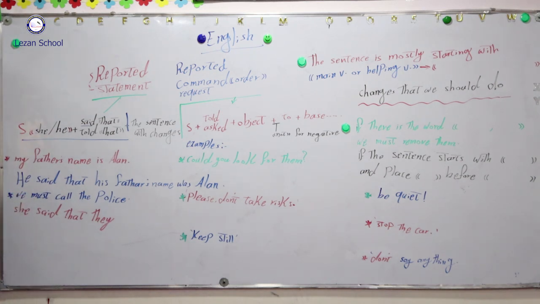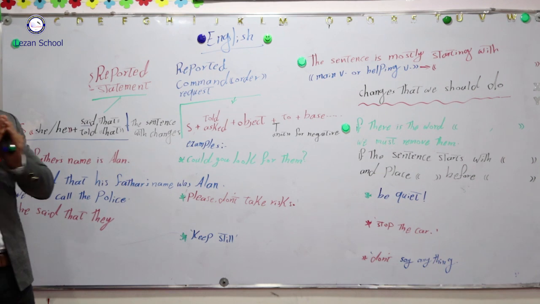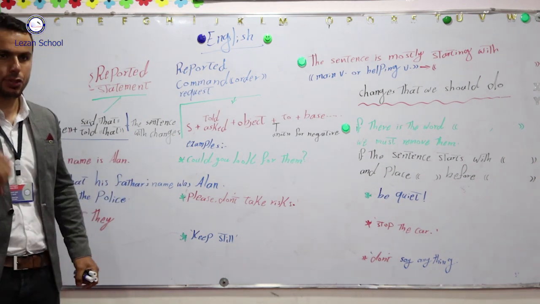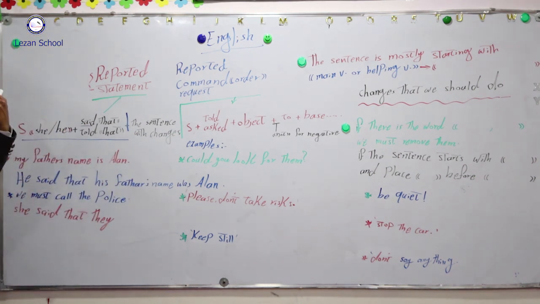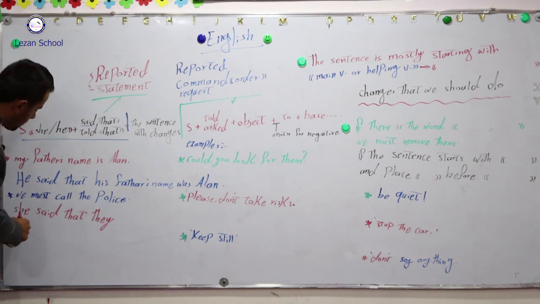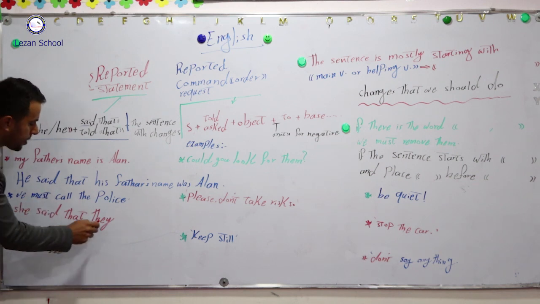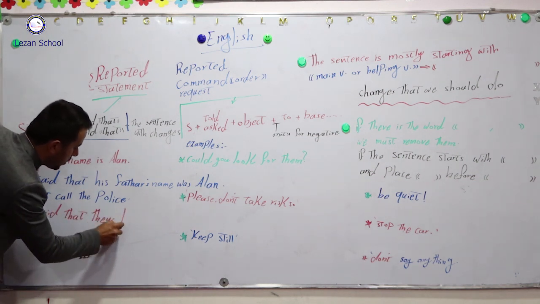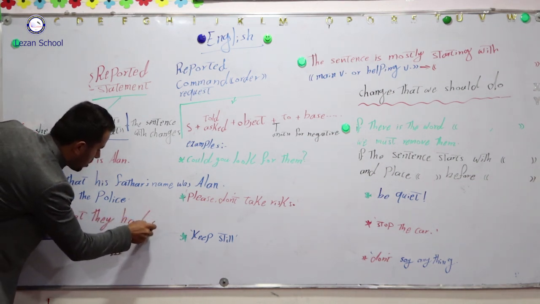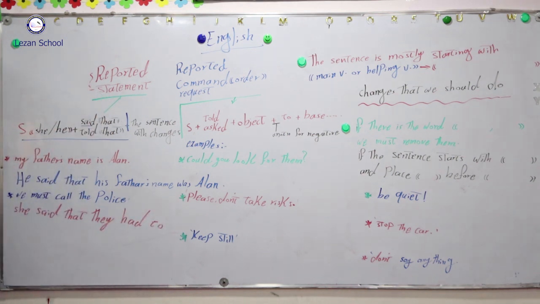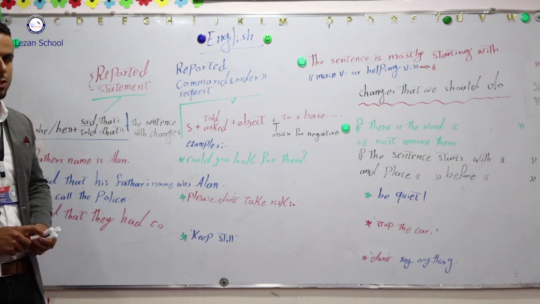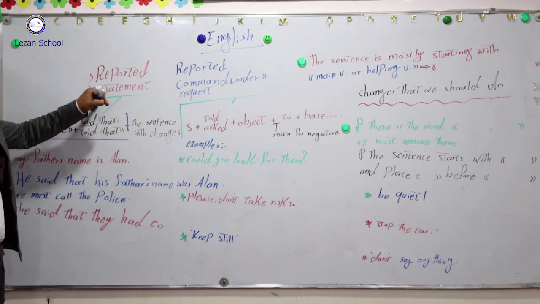And I told you that we have to change have to, has to, and must into had to. The past of must is had to, according to the rules that I wrote to you before. They must, we change it, they had to call the police. And that's all about reported statement.